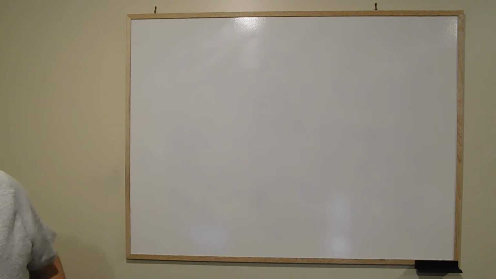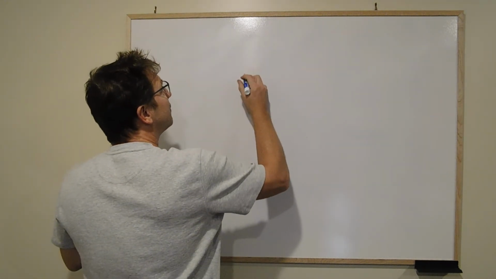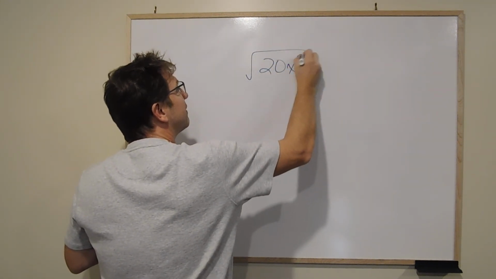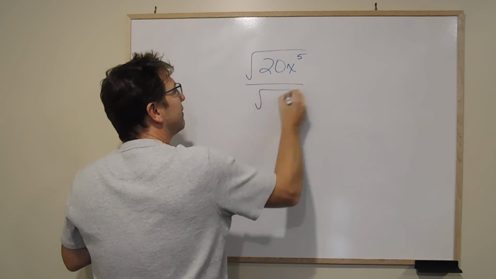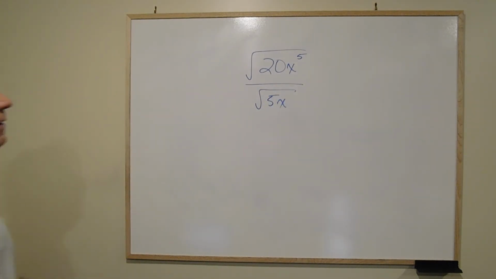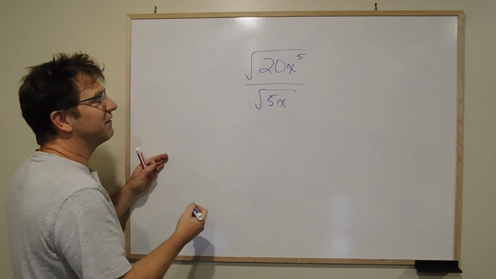Got that erased. Let's go to part C here. 20x to the 5th over 5x. So we have 20x to the 5th over 5x, right? And they're in square roots, right? So the same way I multiplied, I could think of it this way.